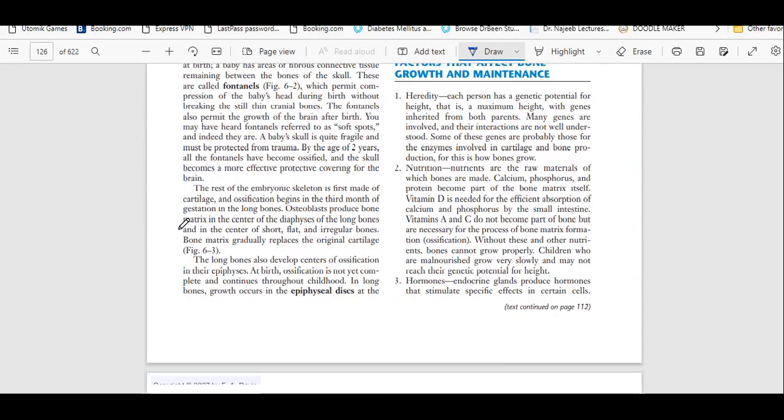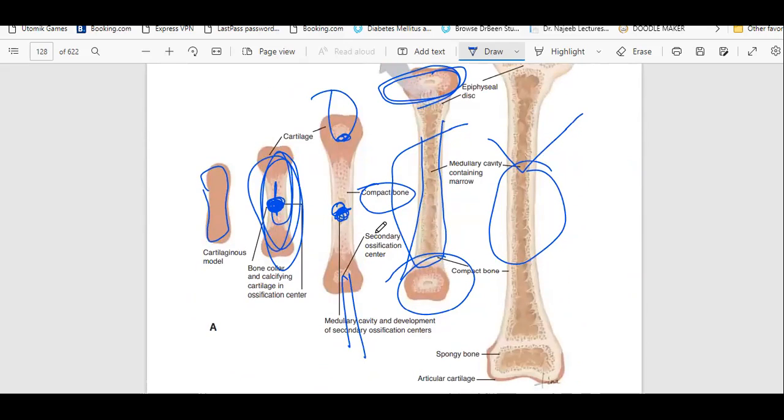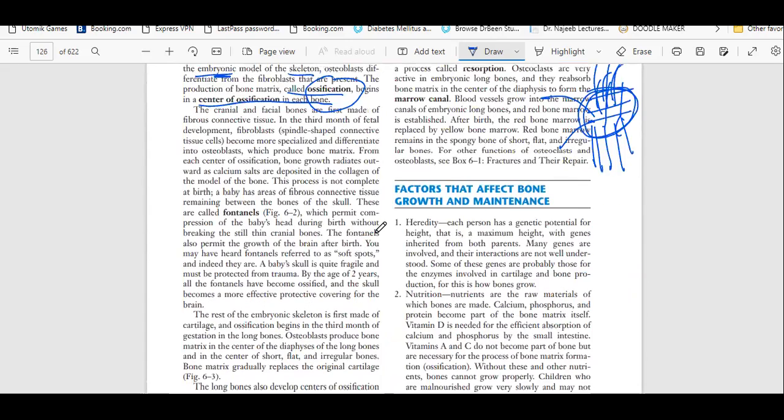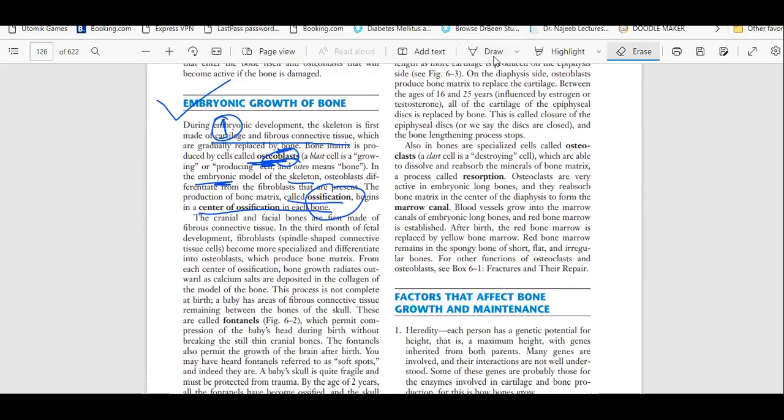The first thing you have to remember is that ossification occurs in the middle of the bone. This is very important. And here they give the details of osteoblast and osteoclast, you have to remember that. Let's talk about everything so you can understand very easily.